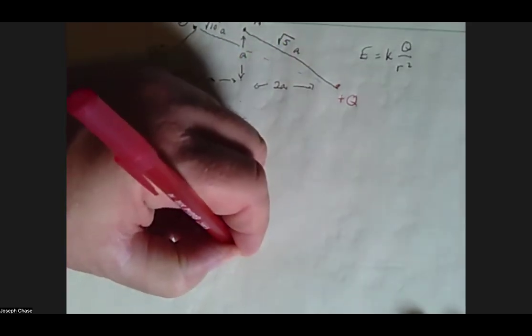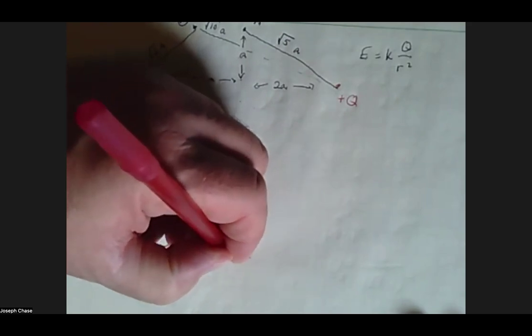So we can see that we have 2A here and then A in this direction. So sine of the angle is going to be A over the hypotenuse. So A over root 5A.